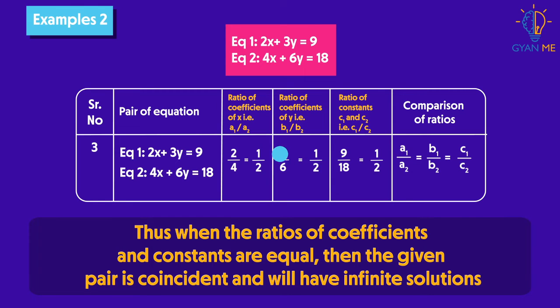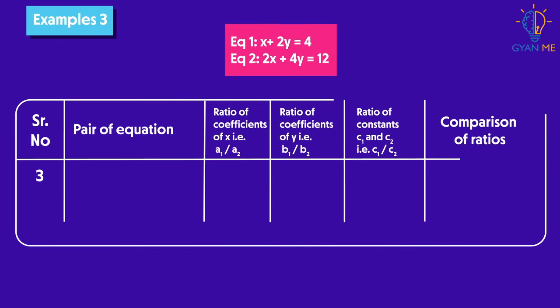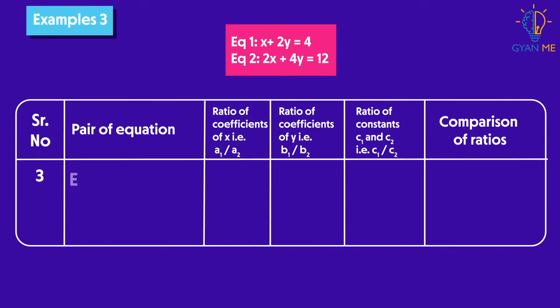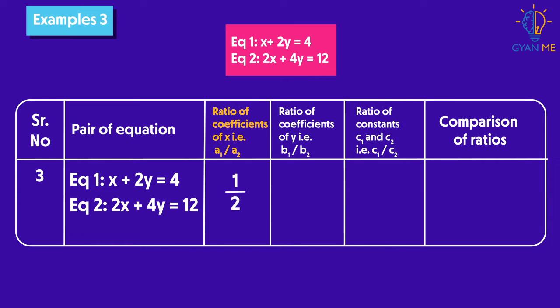Now let's take example 3. Here, equation 1 is x plus 2y is equal to 4 and equation 2 is 2x plus 4y is equal to 12. Here also, when we take the ratio of coefficients of x, that is a1 upon a2, we get 1 upon 2.